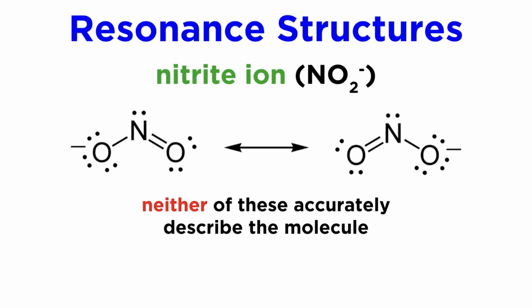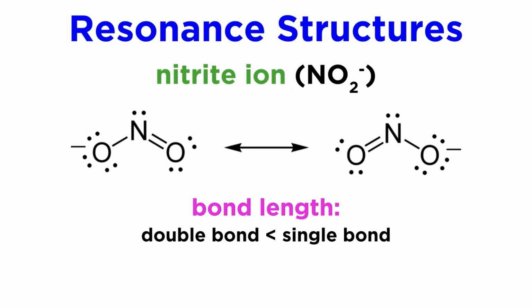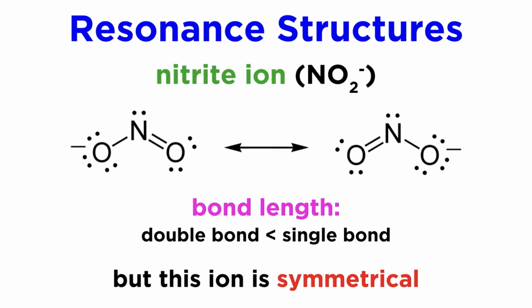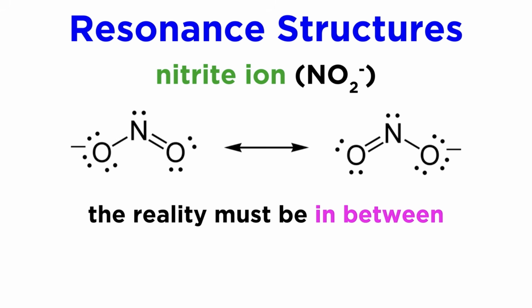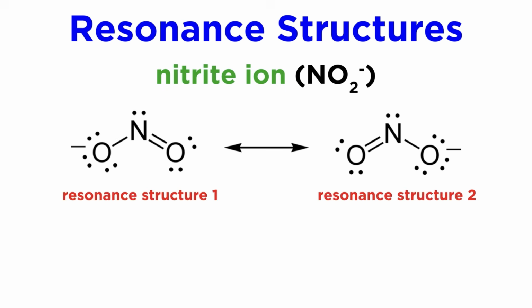The answer is that technically neither of them is correct, or at least neither of them accurately describe the true nature of the molecule. It is the case that a double bond is shorter than a single bond, but experiments show that the NO bonds in this molecule are identical in every way, as the molecule is completely symmetrical. This means that the reality for this molecule is somewhere in between these 2 structures, which we must call resonance structures.